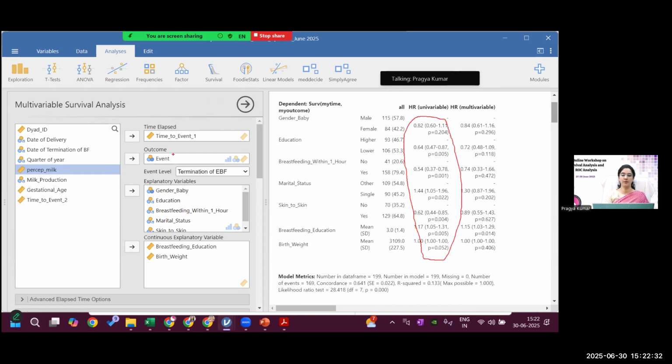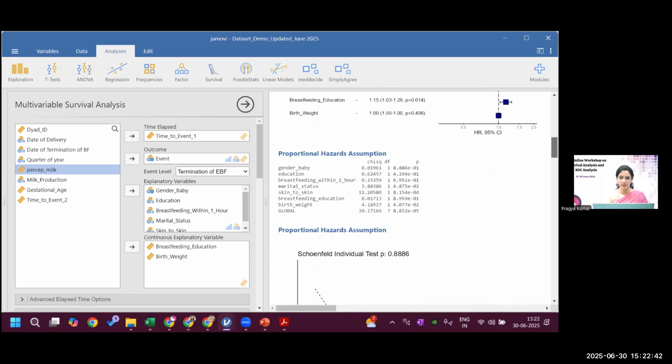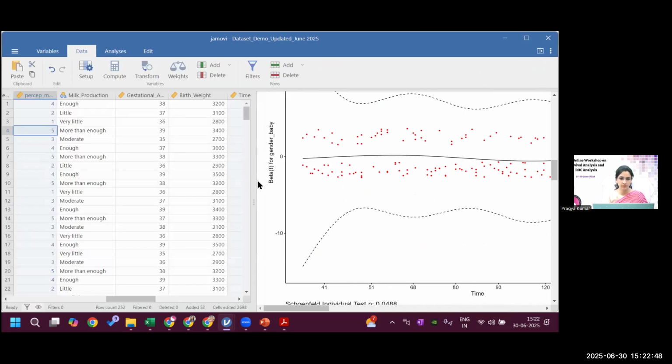So I'm trying to make the final model, but for that I need to check the assumption of proportional hazard. Now I will see what Dr. Richie was talking about regarding the Schoenfeld. Let me enlarge this.